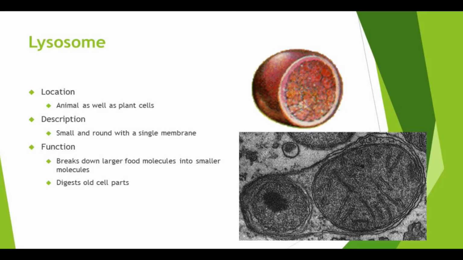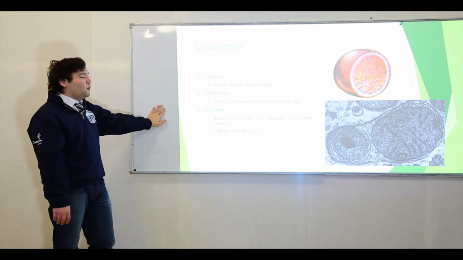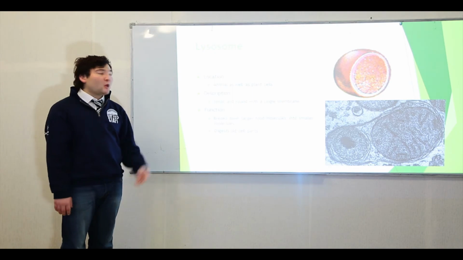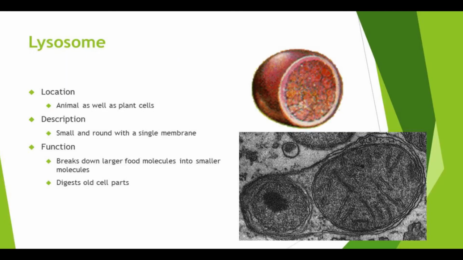The short description of the lysosome is that it's small and round with a single membrane, as you can see in the picture. The main function of the lysosome is to break down larger food molecules into smaller molecules and digest all cell parts. So according to the function, we can say that the lysosome serves as a kind of stomach of the cell.